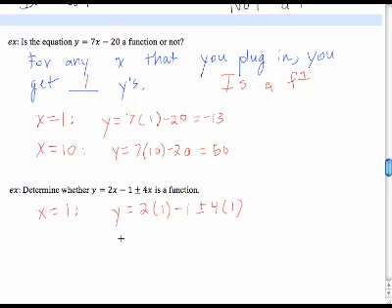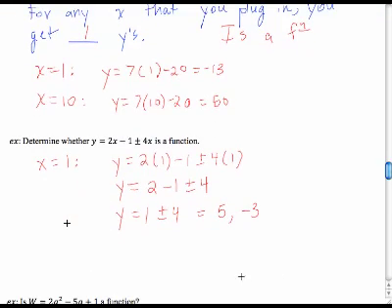Well, that's 2 minus 1 is 1, plus or minus 4. So 1 plus or minus 4. If I do 1 plus 4, I get 5. If I do 1 minus 4, I get negative 3. So when I plugged in x equals 1, I got two y values, 5 and negative 3, because of that plus or minus. So this one is not a function.